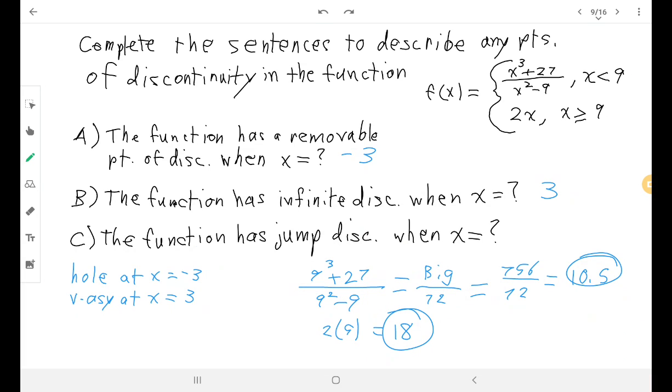And then for this one, I am including that value, so I would put a filled-in circle, a closed circle. And so it would appear that as I move from left to right, I would jump up, right?